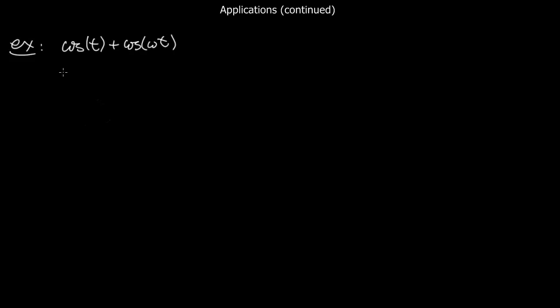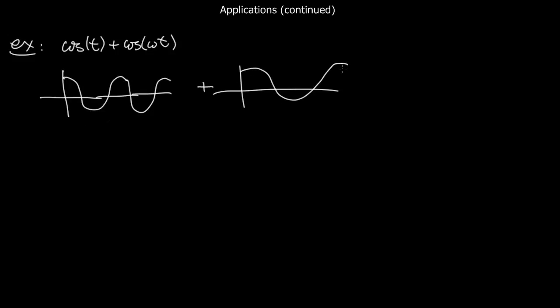So, for example, suppose you just had two terms like this. You had cosine of t and cosine of omega t, where omega is some number besides 1. When you add these, if omega is not rational, which is to say it's not a ratio of two integers, then this thing never repeats. It just wiggles up and down.